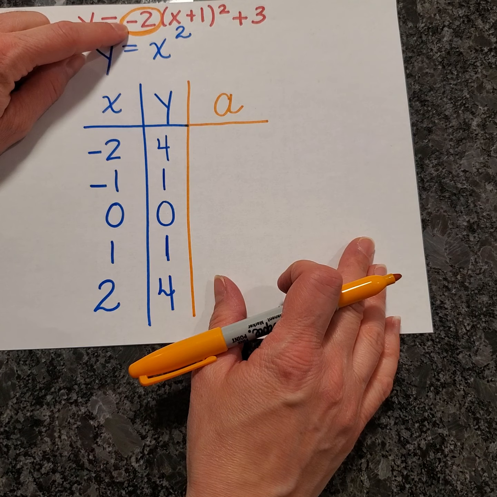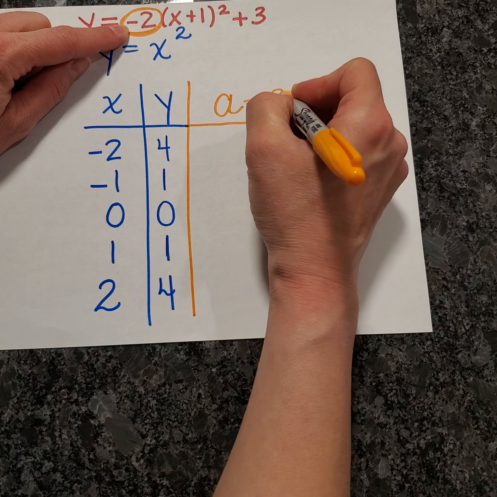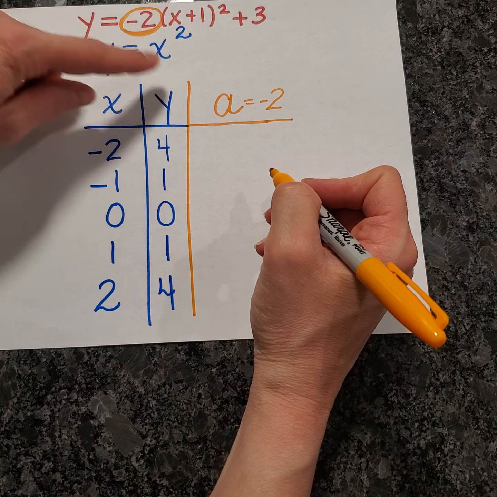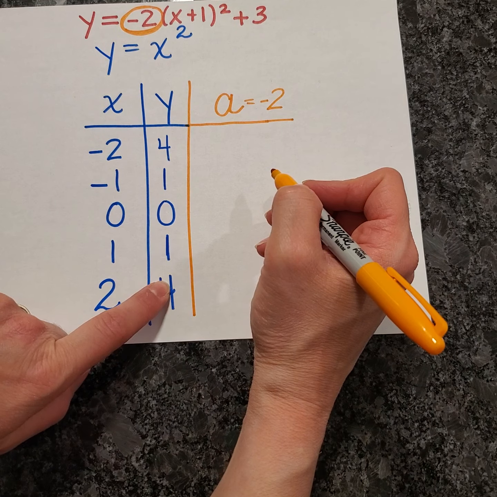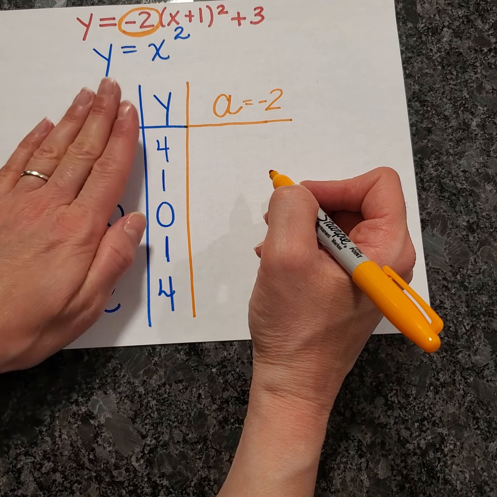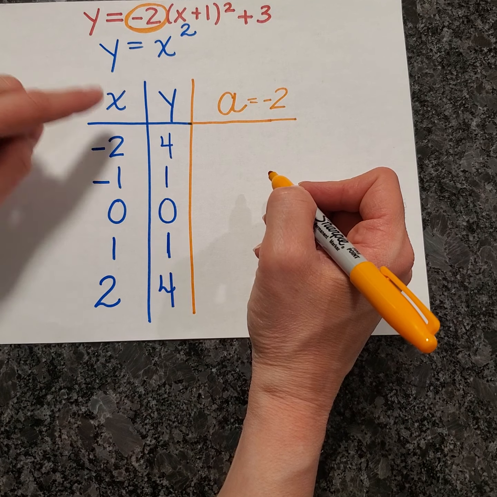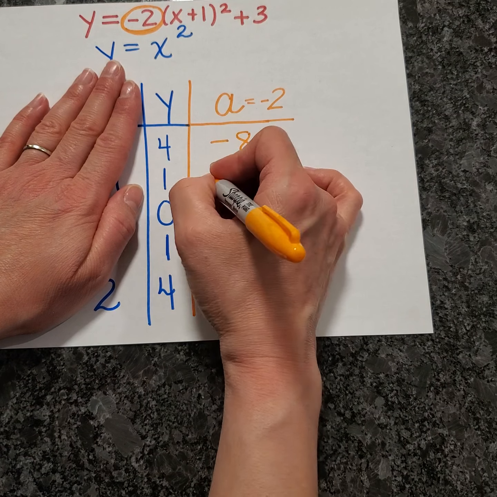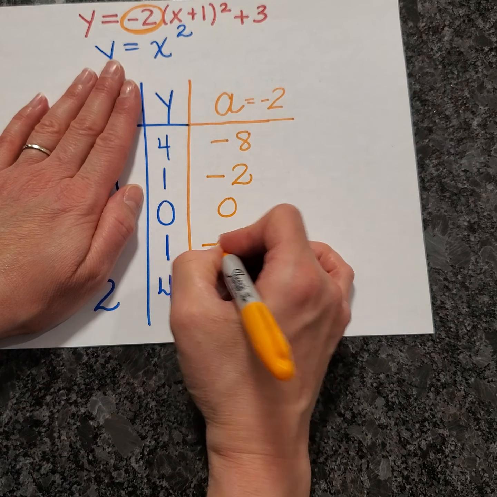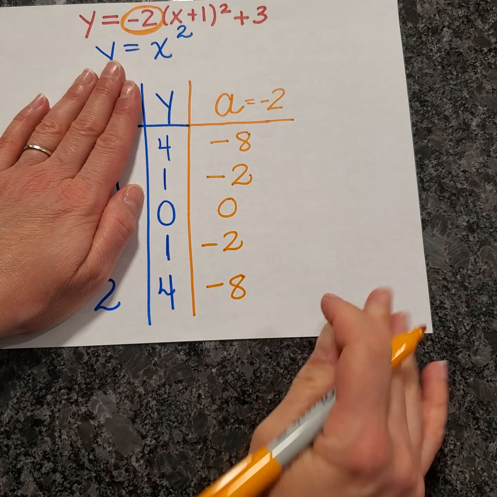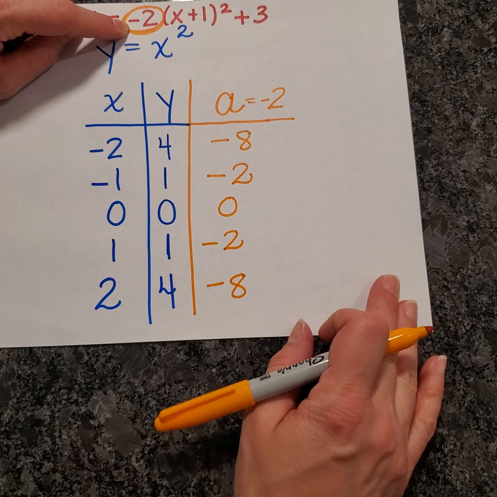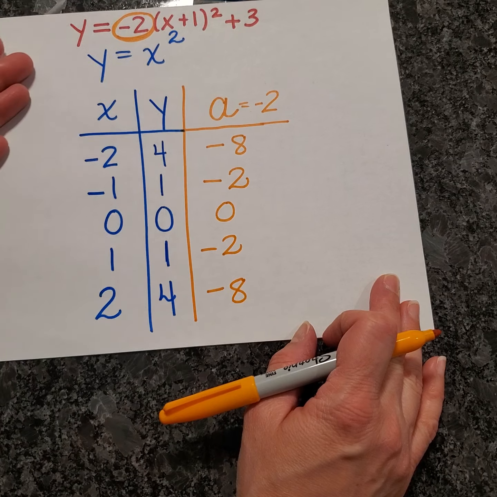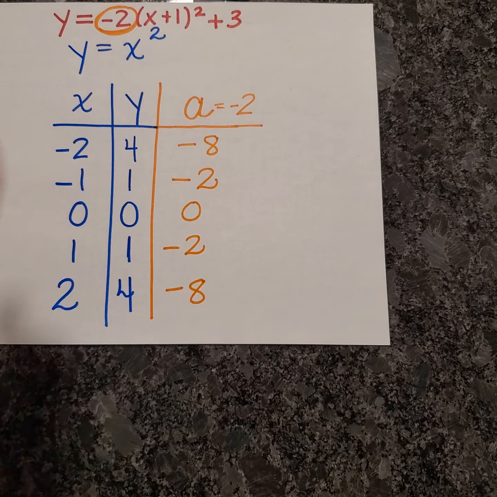Because my A value is -2, I'm going to multiply all of my y values by -2. These x values do not change. The A value doesn't impact the x values of your table of values. So all I did was take my A value and add an extra column to my table of values.